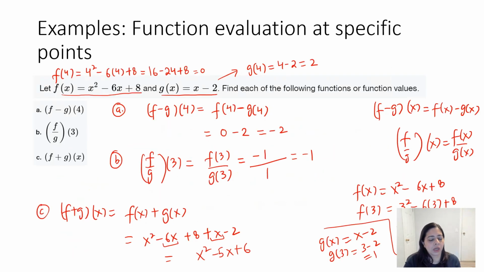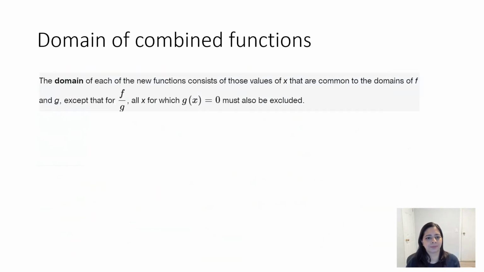All right, now let's talk about the domain of combined functions. In the past, we were already introduced to the concept of the domain of a function. So let me recall, what do we mean by the domain of any function?